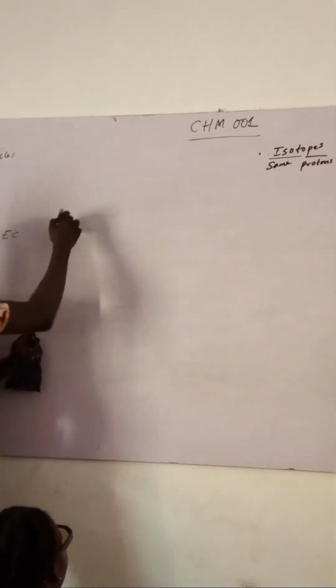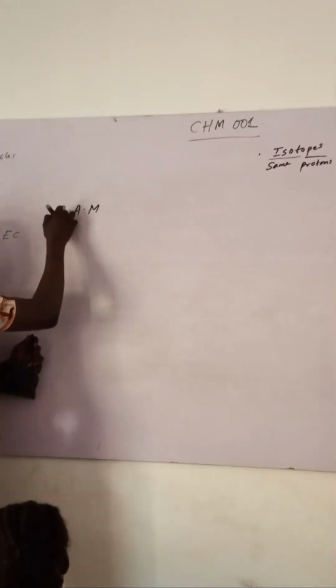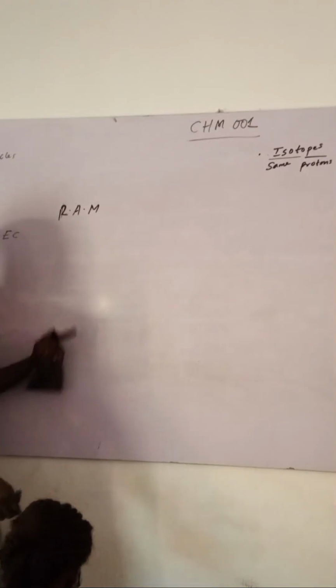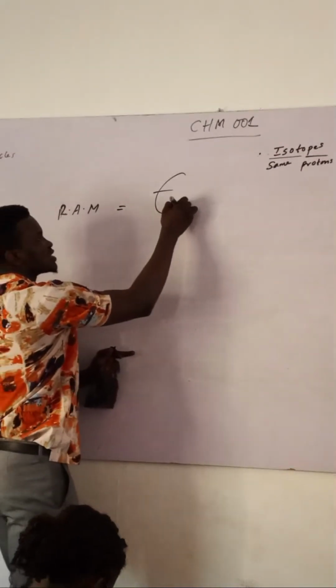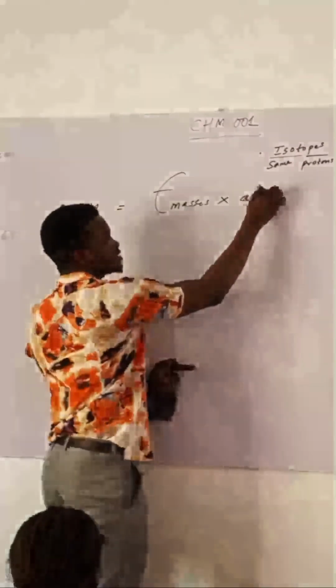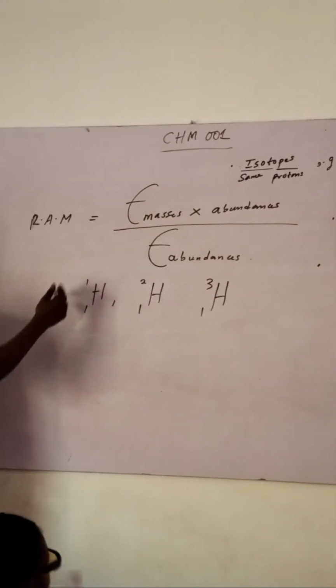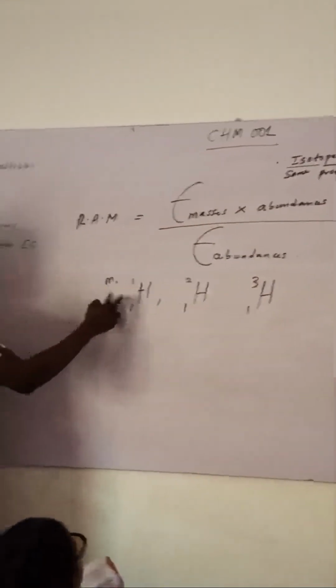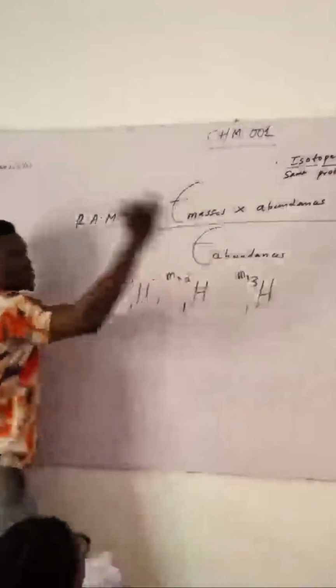If they ask you to calculate relative atomic mass for a particular isotope, the formula is the sum of the masses multiplied by the abundances. These are their masses; I can call them M1, M2, M3, depending on their number, and you sum everything.